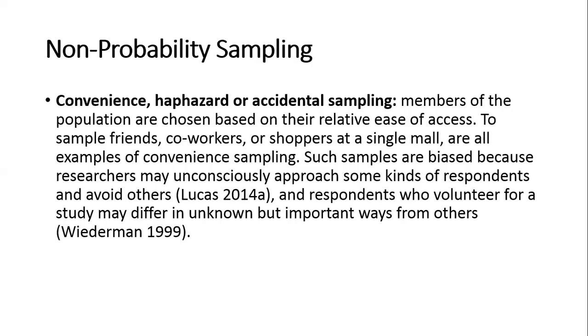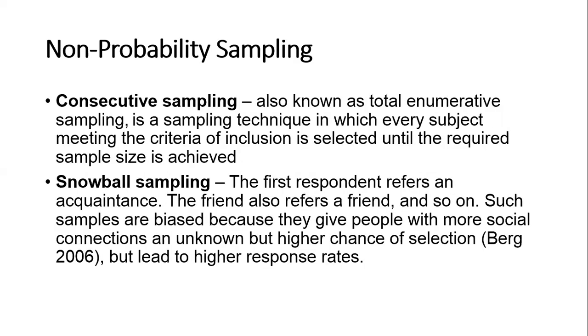So how reliable do you think that would be? For example, you can sample friends, co-workers, shoppers, people who you can easily access just for the convenience of it. So convenience sampling is non-probability sampling.